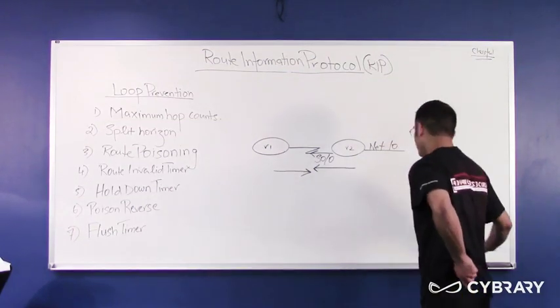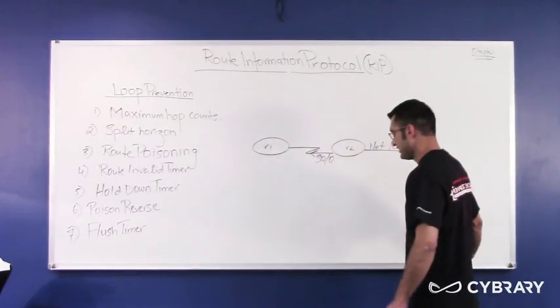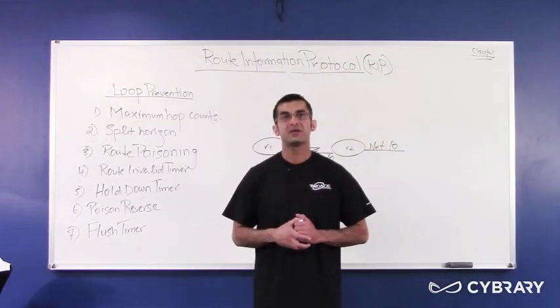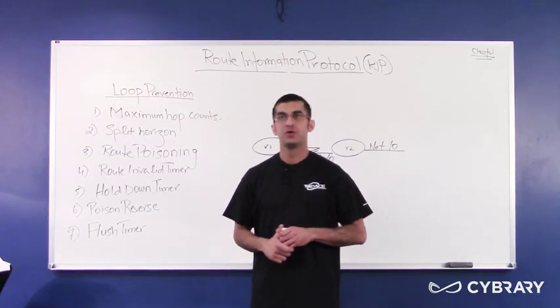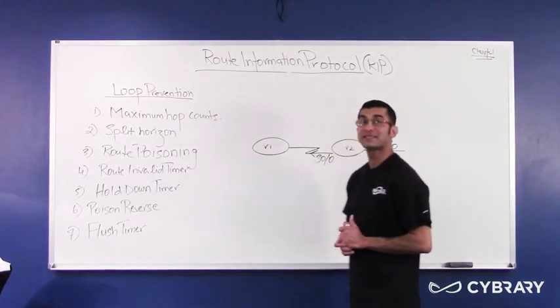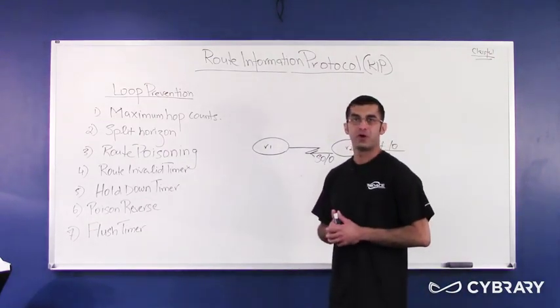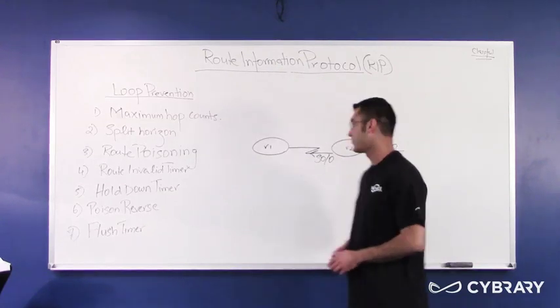Moving on, the rule of route poisoning. The rule of route poisoning basically says that you advertise a down route with an infinite metric. So for RIP, 16 is infinite. The maximum hop count for Routing Information Protocol, or RIP, is set to 15.